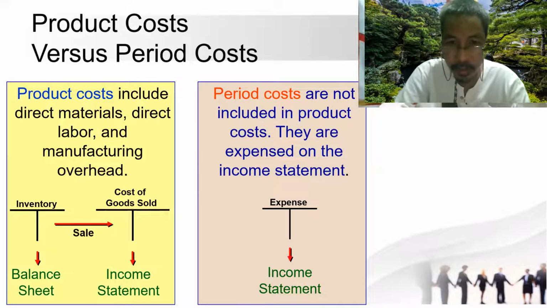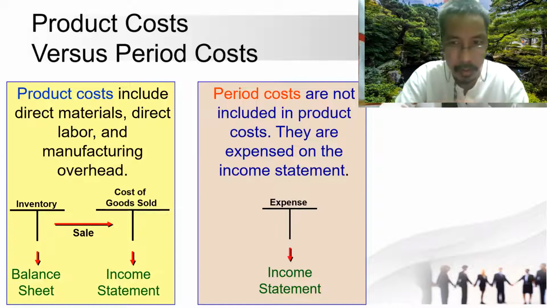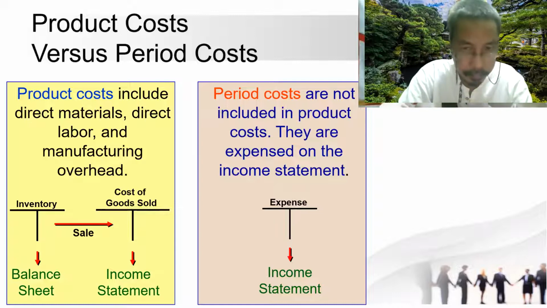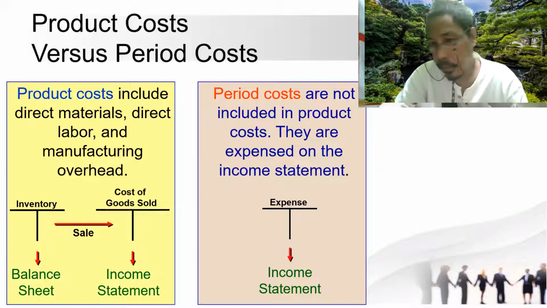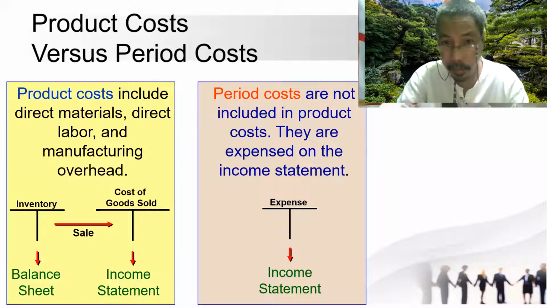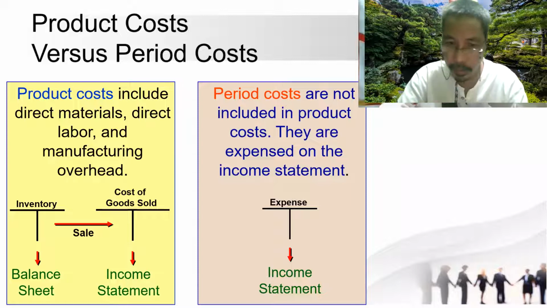They are expenses on the income statement, which are not included in product. So list down all the transaction names in a product cost, and those which are not included, we can include as expense in the income statement.